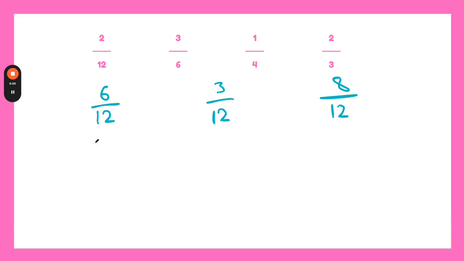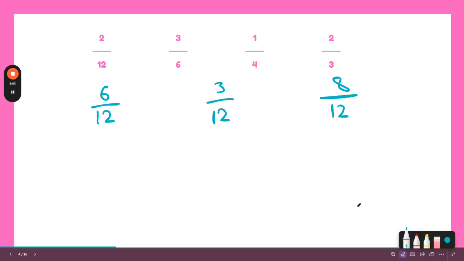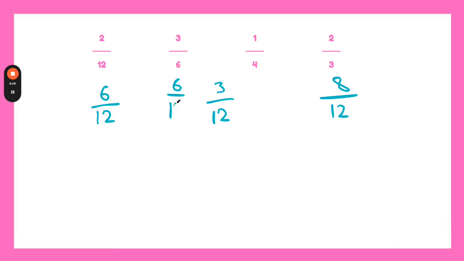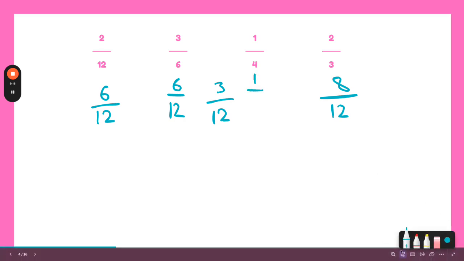So 2 over 12 stays the same. 3 over 6 is the same as 6 over 12. A quarter is the same as 3 over 12.